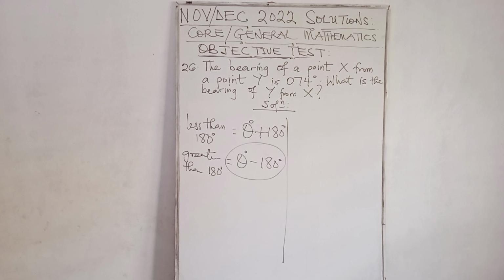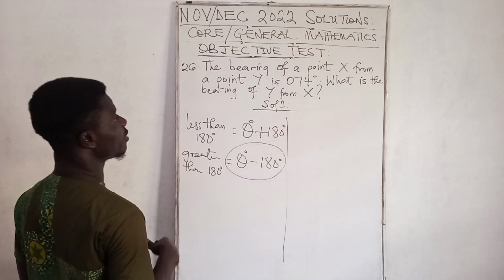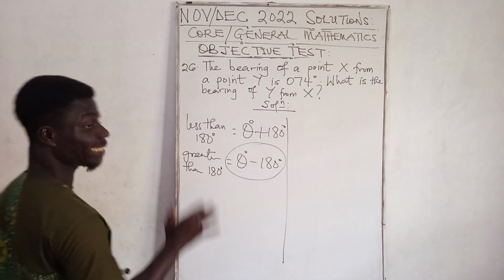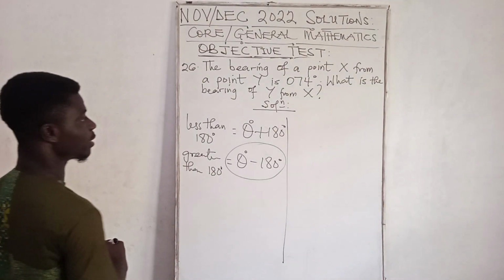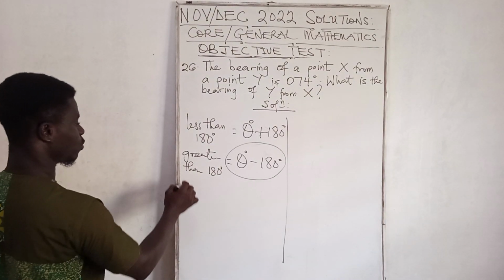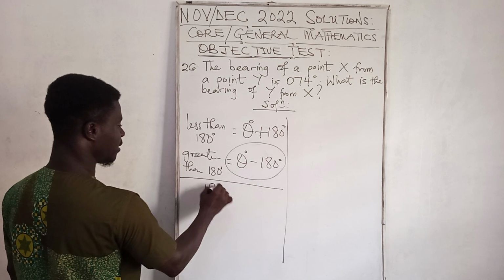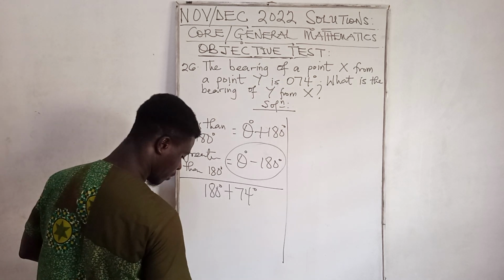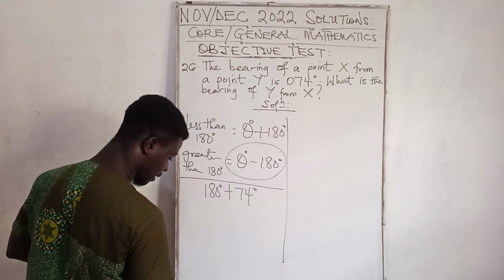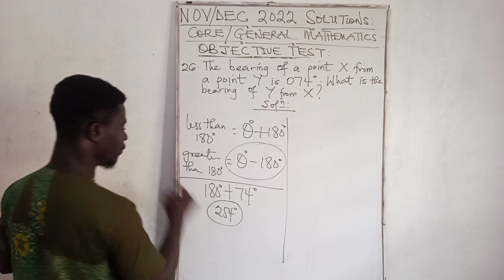So here the bearing given inside the question is 74 degrees, which is less than 180 degrees. So we add that to 180 degrees. Addition is commutative, so 180 plus 74 is 254 degrees.